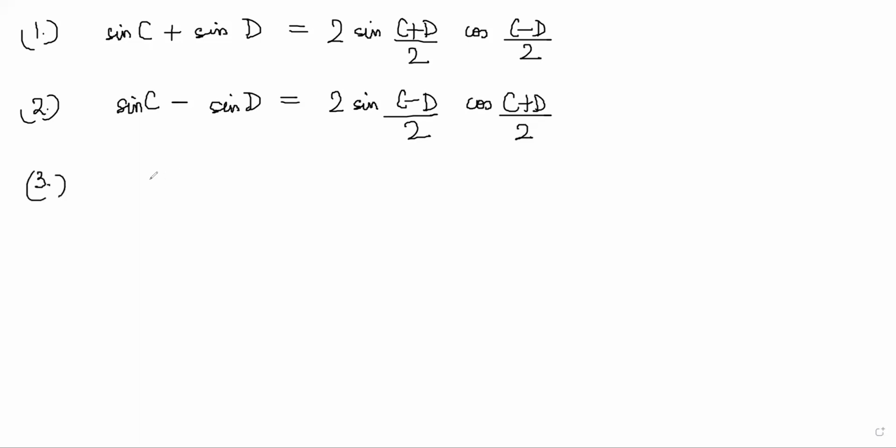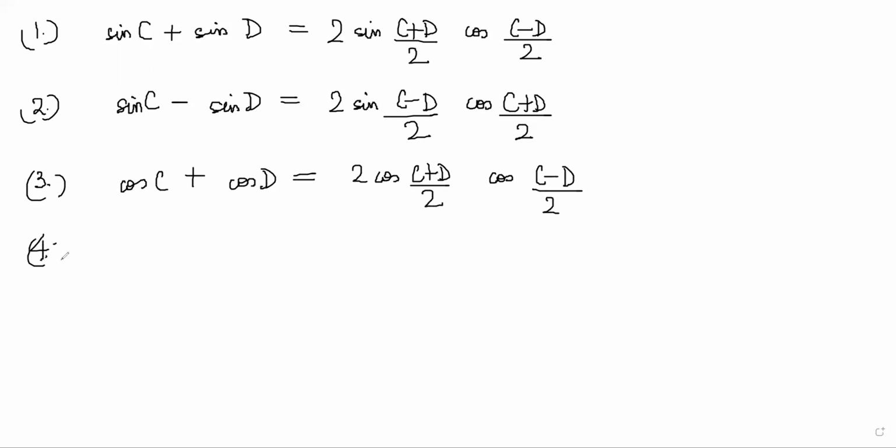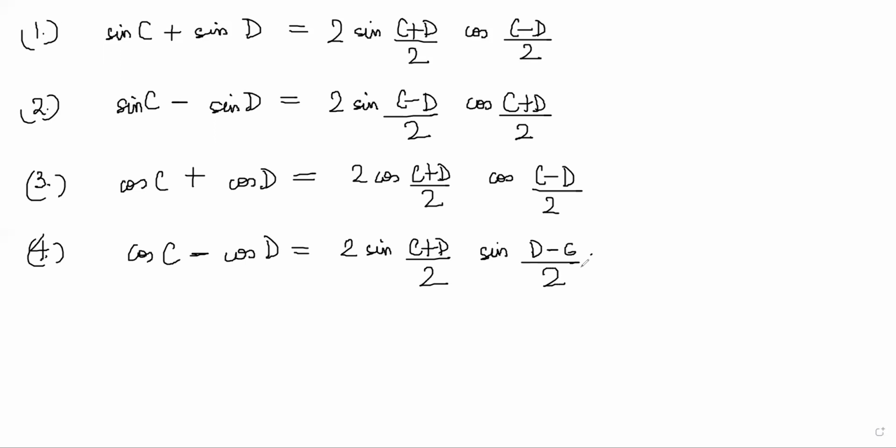Third one is cos C plus cos D, that will be 2 cos (C plus D)/2 cos (C minus D)/2. And fourth one is cos C minus cos D is equal to 2 sine (C plus D)/2 and sine (D minus C)/2.